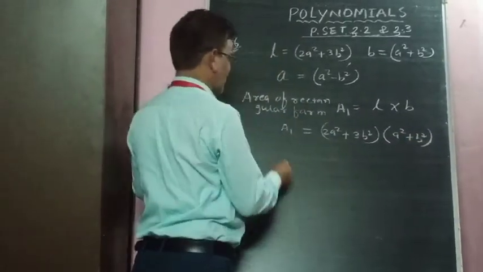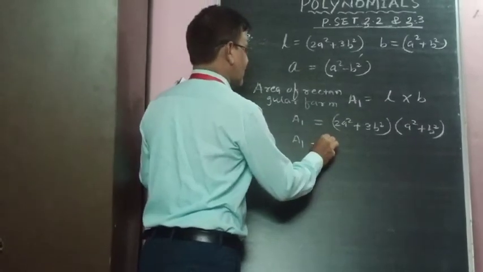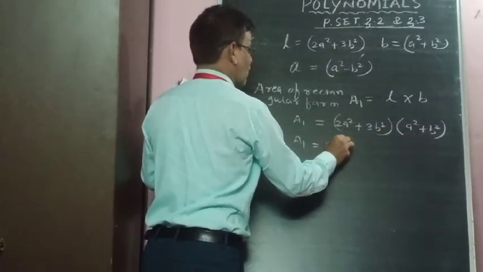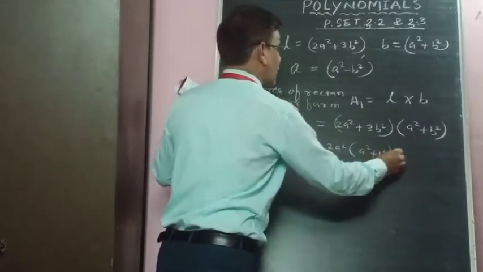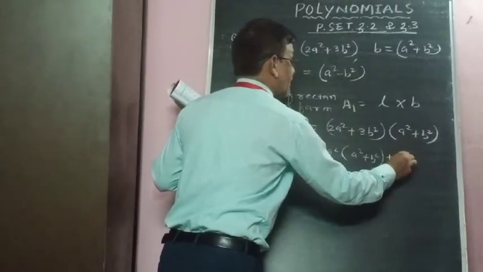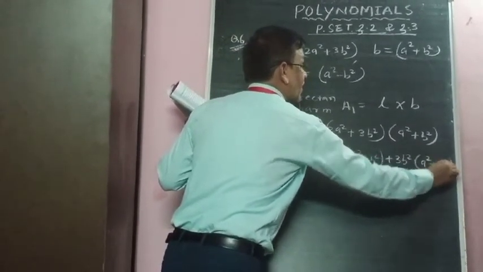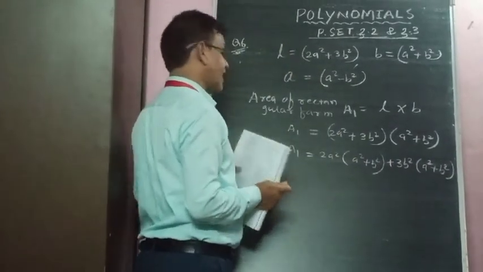Therefore, A1 is equal to, now you have to multiply 2a square with the second bracket, 2a square into a square plus b square, and plus 3b square into a square plus b square. First term to second bracket and second term to second bracket.